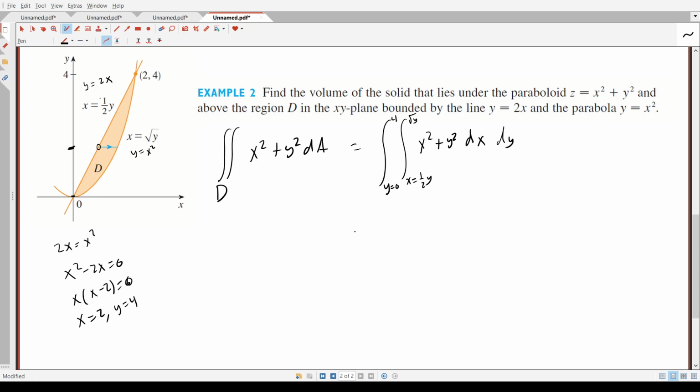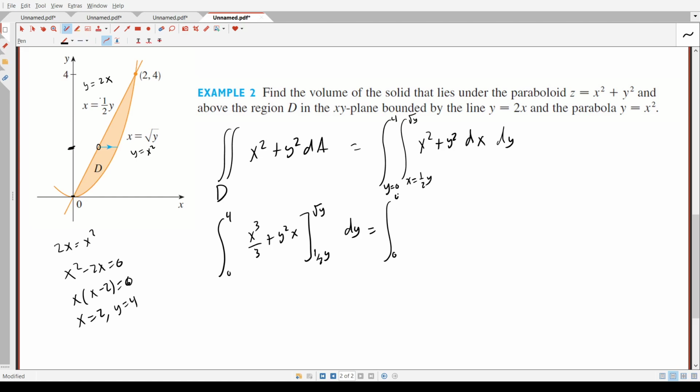Okay, so I integrate this and I get what? I do the inner integral first. I'll scoot this back so I have more room. I'm integrating this with respect to x. So this is going to be x cubed over 3 plus y squared x, from 1/2 y all the way up to square root of y, dy.